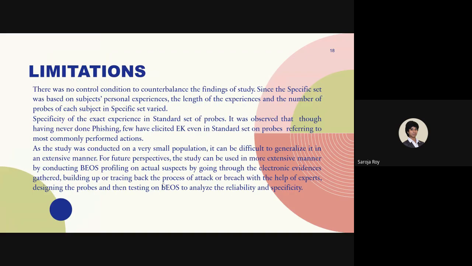So the limitations were, again, there was no control condition to counterbalance the findings of the study, since the specific set was based on subject specific personal experiences, and the length of experiences and the number of probes in each subject's specific set varied.